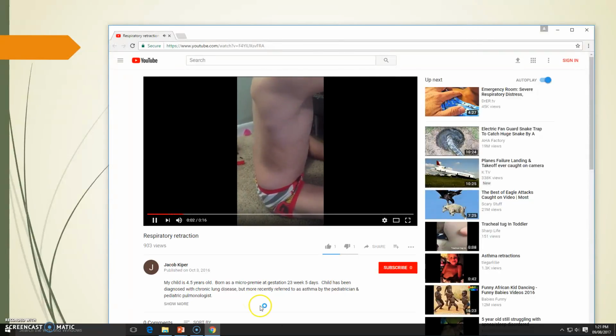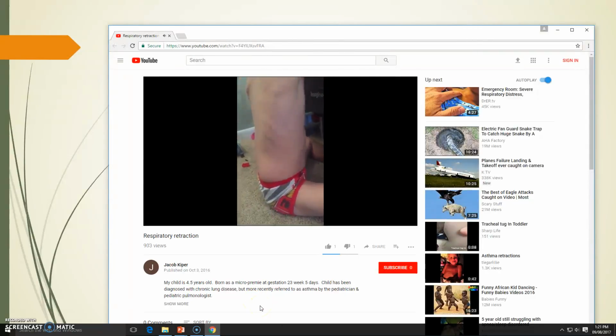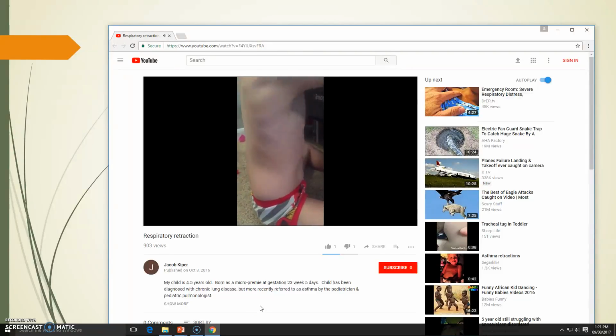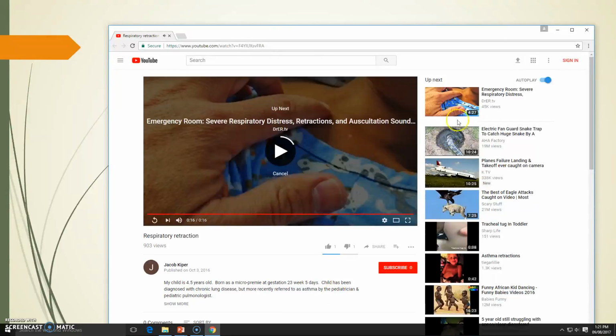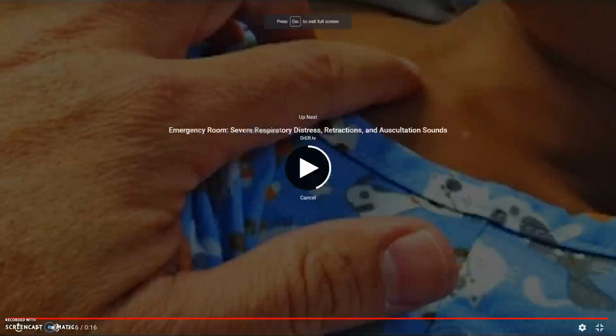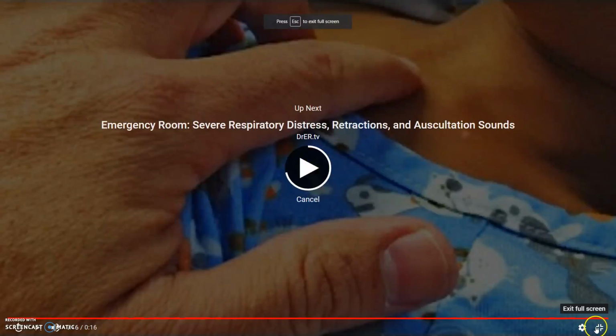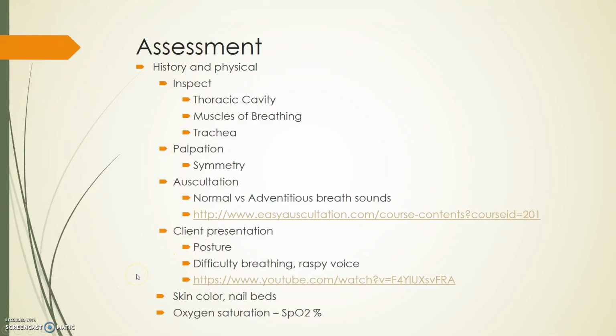If you can see, this child is using abdominal muscles to breathe, and we're also seeing retractions in between the ribs. This child has a chronic lung disease, and it's causing him to actually struggle to breathe. So he's using abdominal muscles, and we can see those retractions in the ribs.